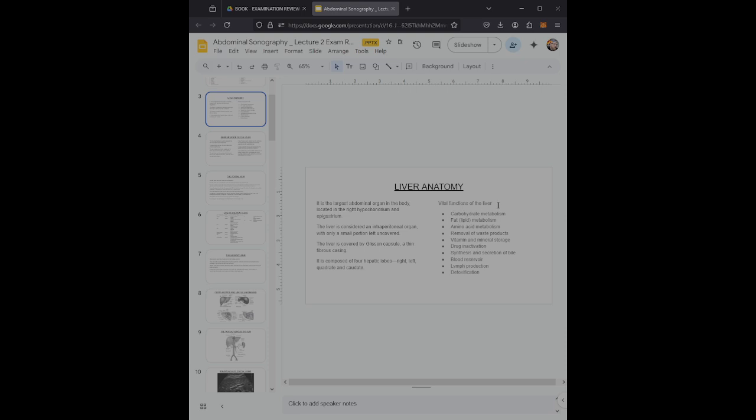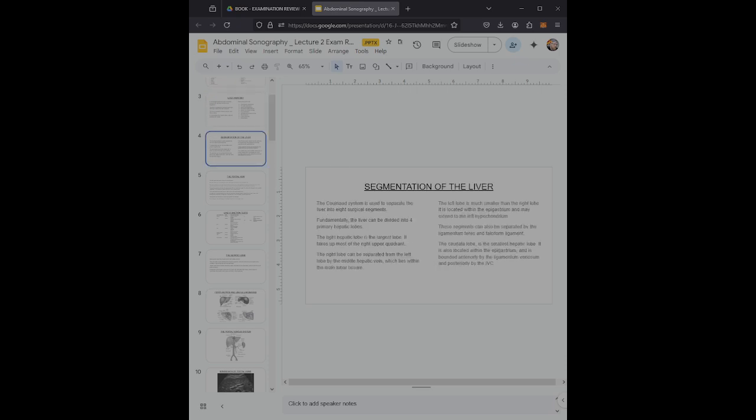So vital functions of the liver include carbohydrate metabolism, fat metabolism, amino acid metabolism, removal of waste products. The liver is important in the metabolism of ethanol, vitamin and mineral storage, drug inactivation, synthesis and secretion of bile. It is a blood reservoir, lymph production, and detoxification.